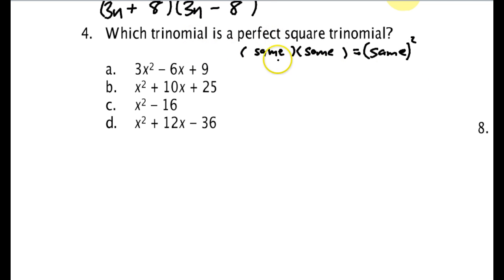So which one of these can you write where the two binomials after you factor it are the same, and therefore we can write it as just one binomial squared. We can go through a lot of these. We'll cut to the chase, and we'll see that after enough trial and error, b comes out to x plus 5 and x plus 5, which is the same as x plus 5 squared.